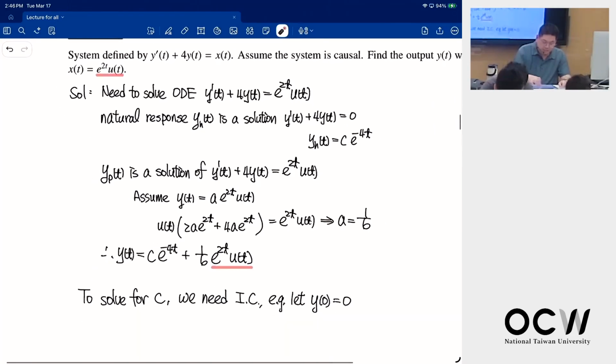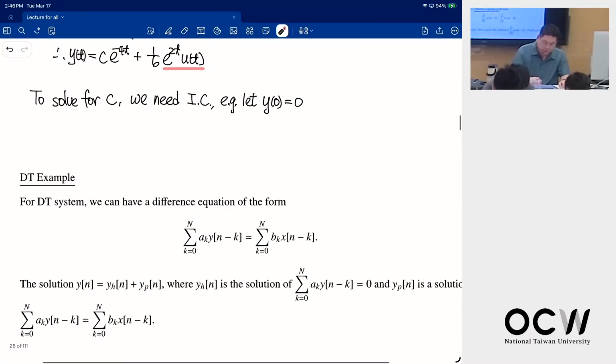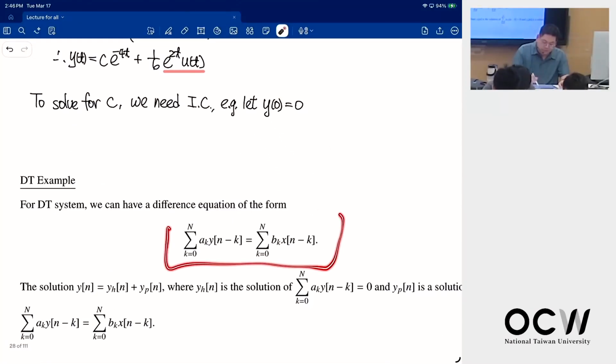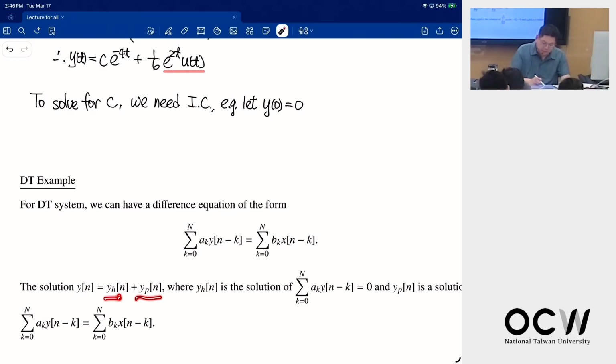Let's see the discrete time. We have the difference equation. For this difference equation, I also need a solution with the homogeneous solution and the particular solution.